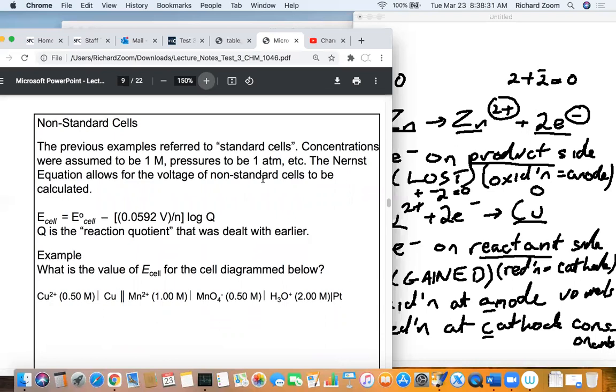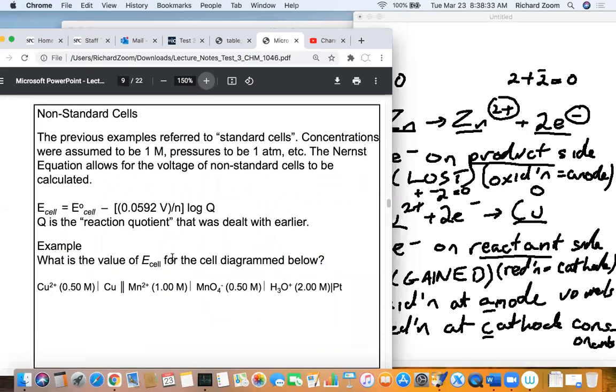Now, what about a situation where we don't have 1 molar solutions or 1 atmosphere pressures? What do we do with those kinds of situations? Well, what we need to do is we use an equation called the Nernst equation, which enables us to adjust the cell potential we get for the standard cell with something that will take into account those different concentrations. So you can see that E cell, you'll notice there's no naught here. The naught indicates a standard cell. So the E cell here means that there's no naught, which means we are looking at the cell potential.